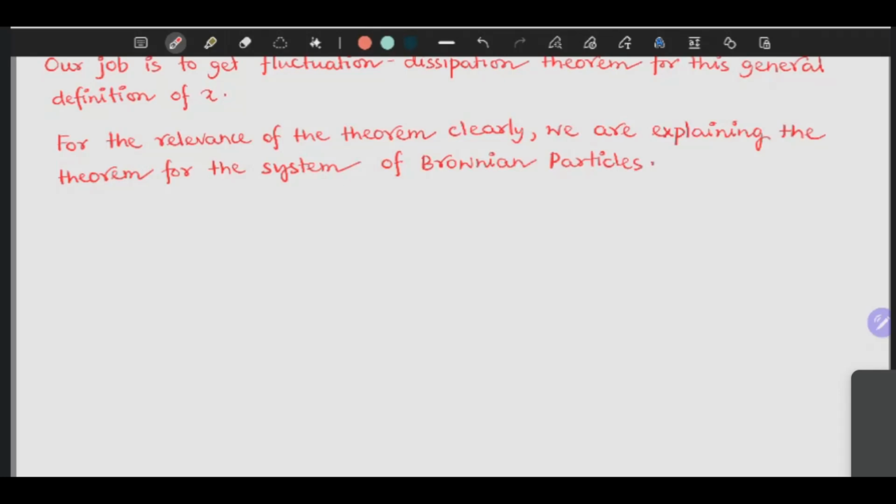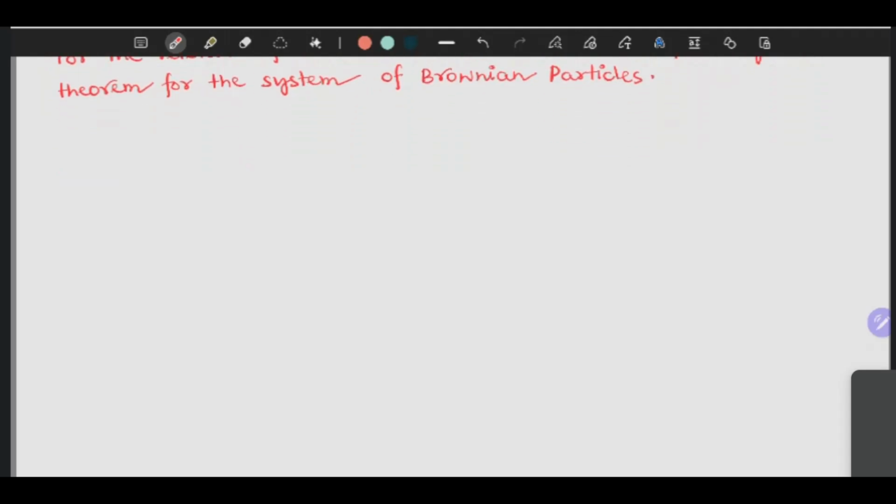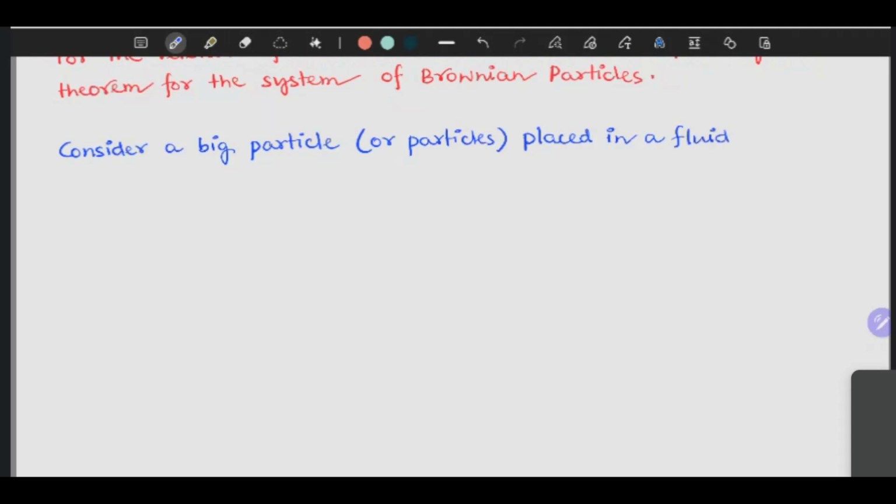Now, Brownian particles are thought of as macro particles or big particles. So let's consider a big particle, or particles, where the number of particles is much lower than the molecule number in the solution, placed in a fluid.